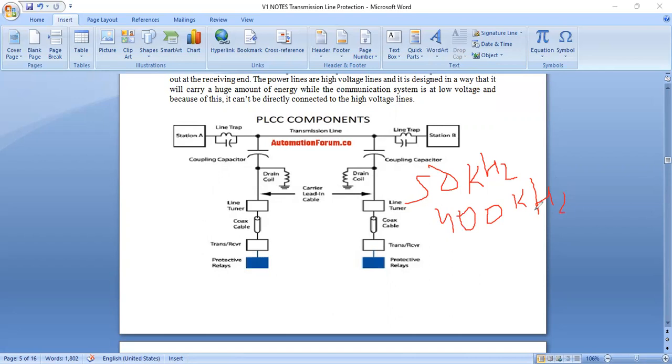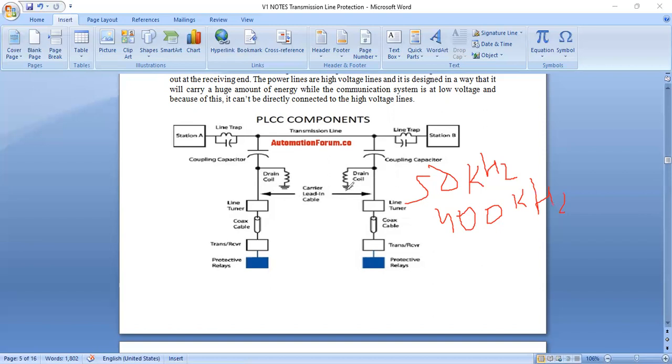For the carrier current channel, the frequency range is 50 kilohertz to 400 kilohertz, and the signals in this frequency range are transmitted through the transmission line through suitable coupling devices. Through the coupling devices, the cable is used as a communication frequency carrier.